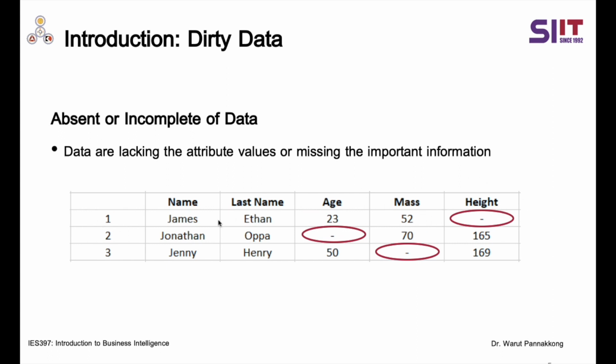For James, the height attribute is missing. For Jonathan, the age attribute is missing. And for Jenny, the mass attribute is missing. So this is incomplete data.